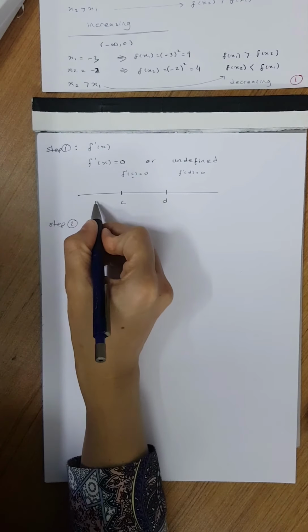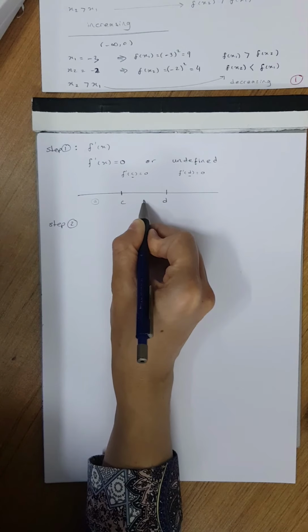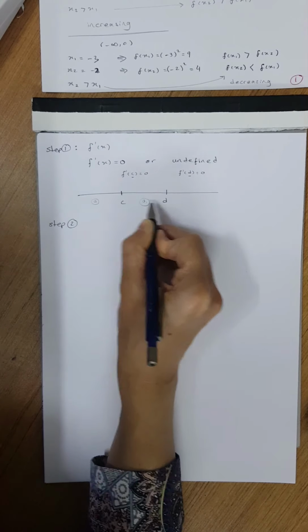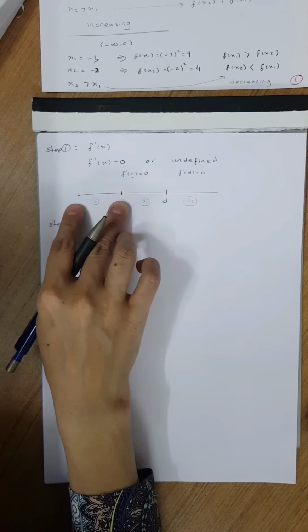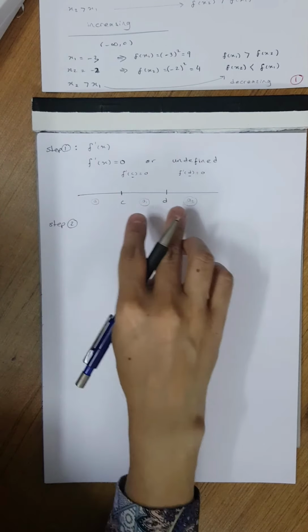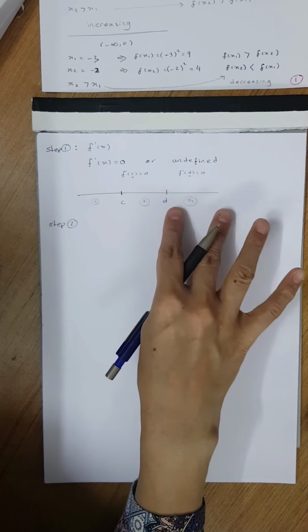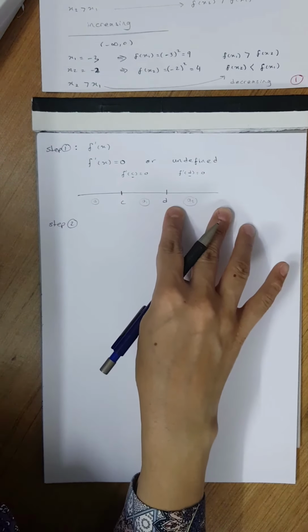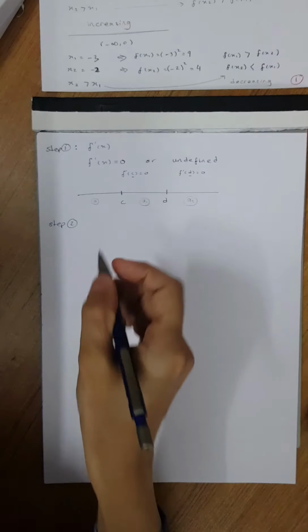So take a test number from here, consider A1 and A2. Look, I took a test number, any number that is less than C, and any number that is between C and D, and I will take a test number that is any number greater than D, okay. Then what will we do?